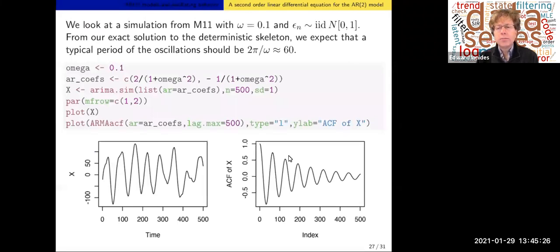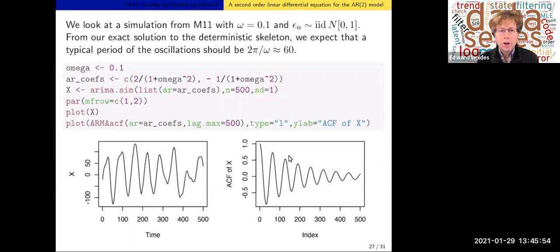Okay, so now let's see what this model actually looks like. We're going to simulate from it. That's a good way to understand. Let's take omega as 0.1. So 2 pi over omega, which is the period, is about 60. We're going to take the white noise to be IID normal, and let's see what we get.